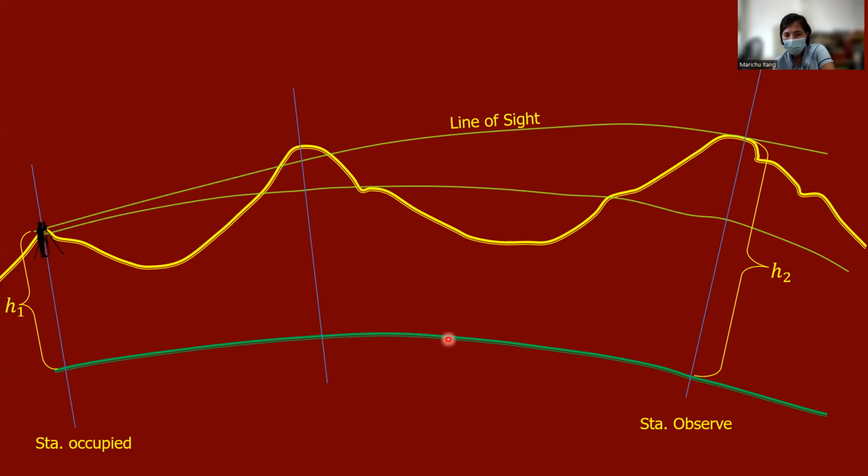Kung ano yung magiging form ng sea level, ito yung din magiging form dito. When I say projection, just a copy of this one into this station where kung saan yung ating station occupied lies. So ito yung sea level at occupied station, yung local na.